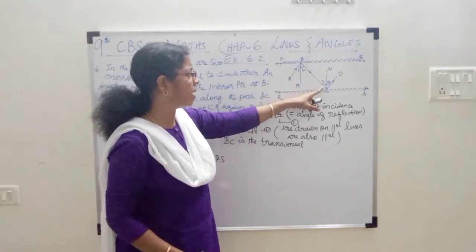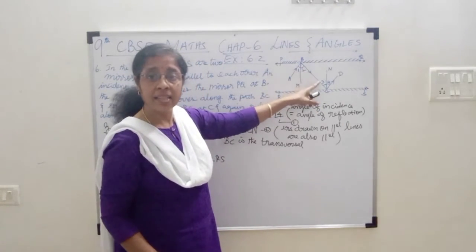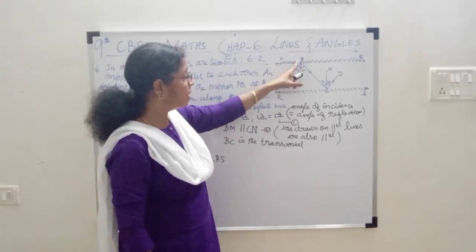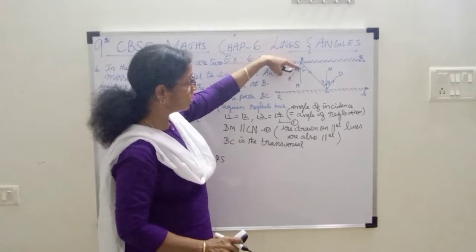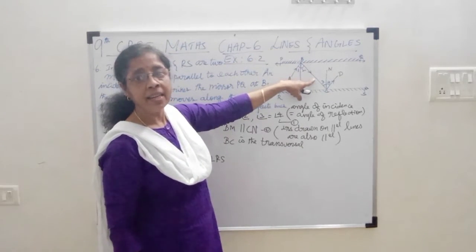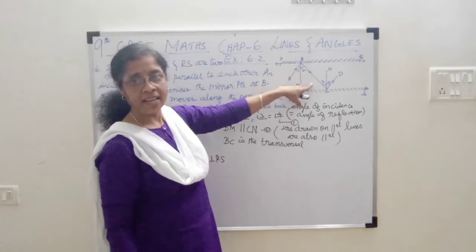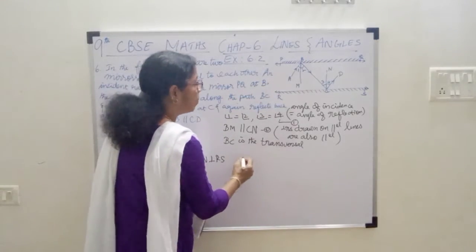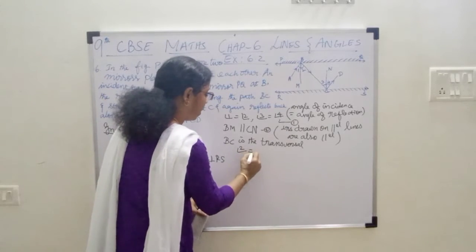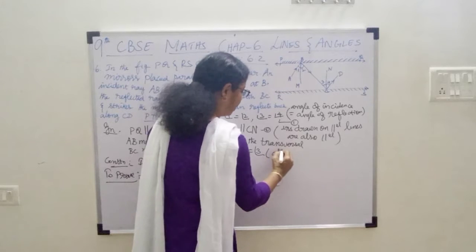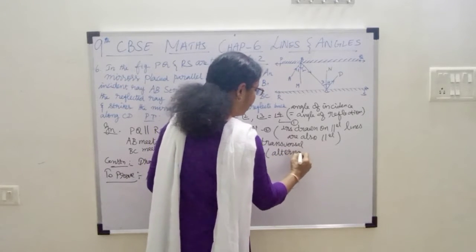What type of angles are they? One is this side, one is that side. They are alternate interior angles. So angle 2 is equal to angle 3. Reason: alternate interior angles.